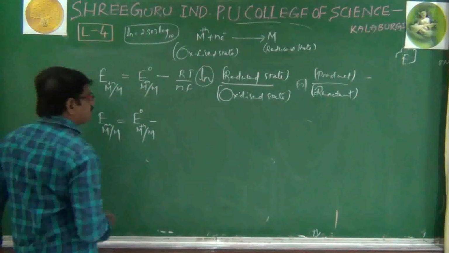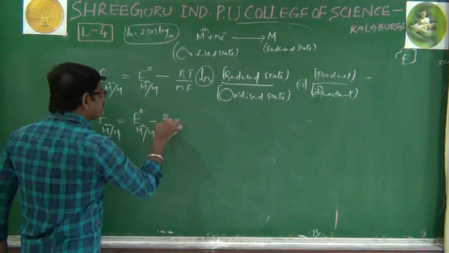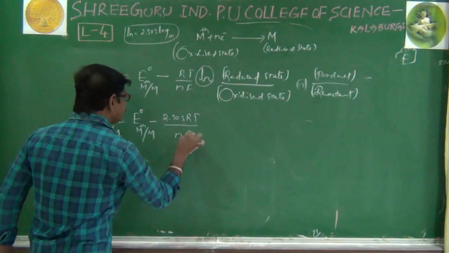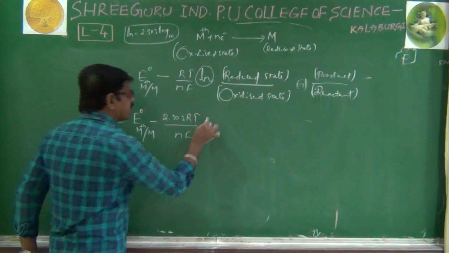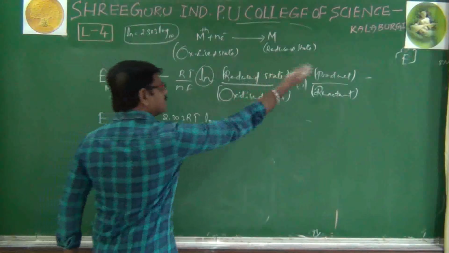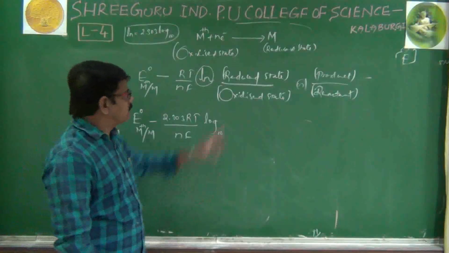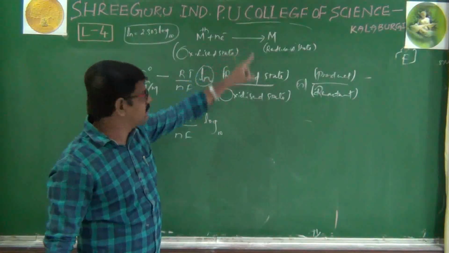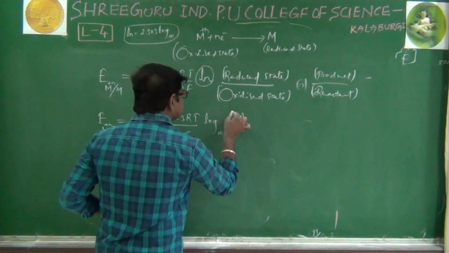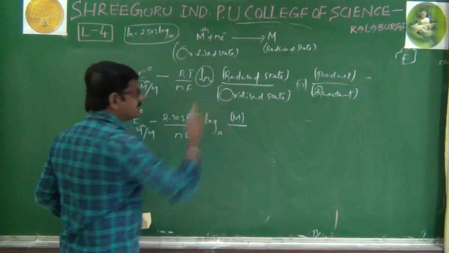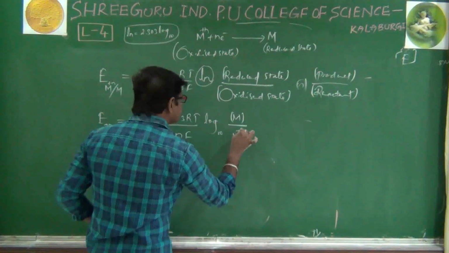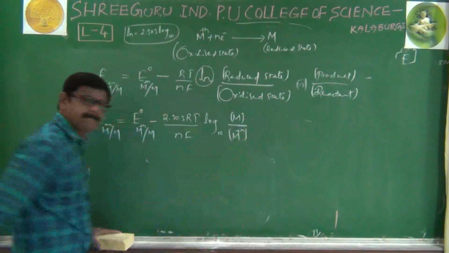Now we substitute: 2.303 RT by NF, and instead of ln we write log base 10. Reduced state is nothing but the metal concentration, M, divided by the oxidized state, the reactant concentration, M plus N. That's all.